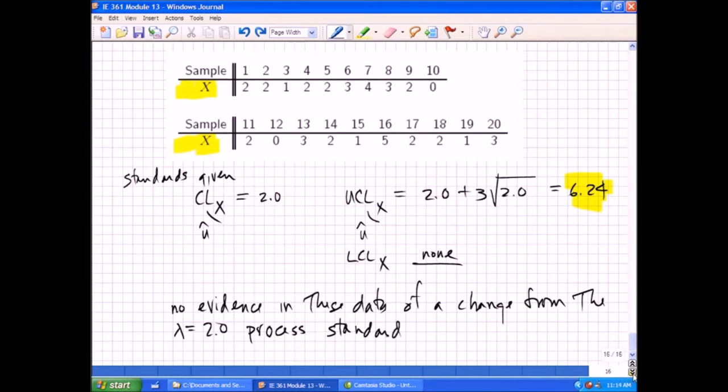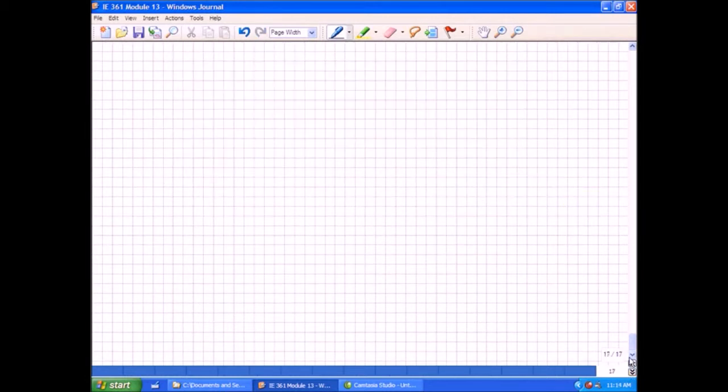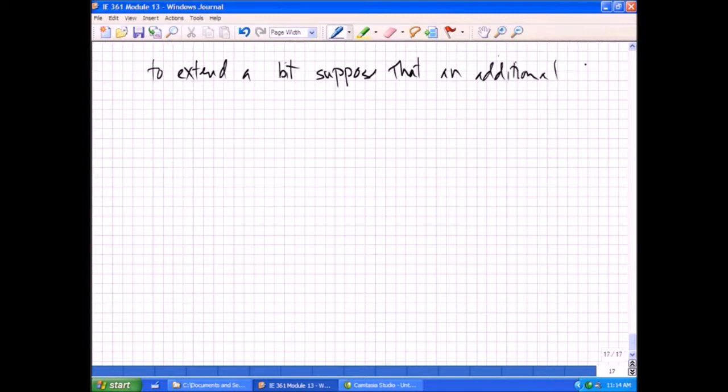Let me extend this example a bit and say, well, let's suppose that an additional 5 inspection periods are added.